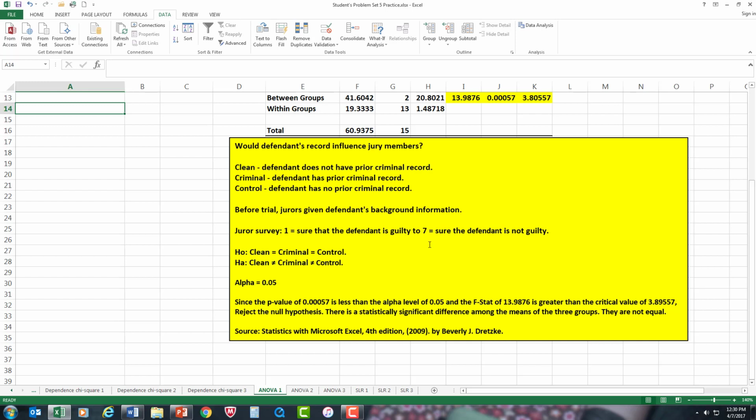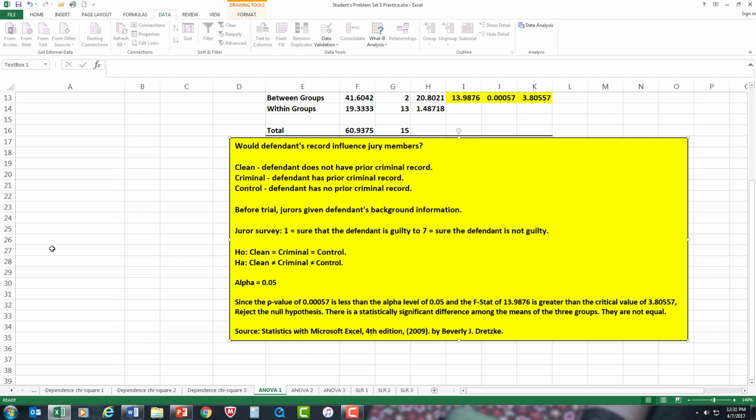Since the p-value of 0.00057 is less than the alpha level of 0.05, and the F statistic of 13.9876 is greater than the F critical of 3.80, you know to reject the null hypothesis.